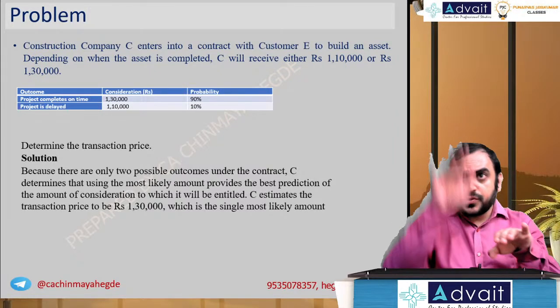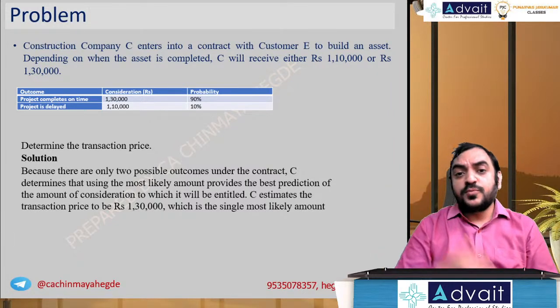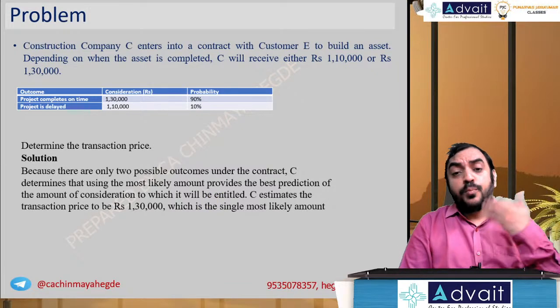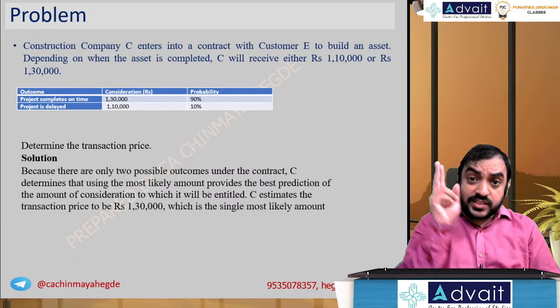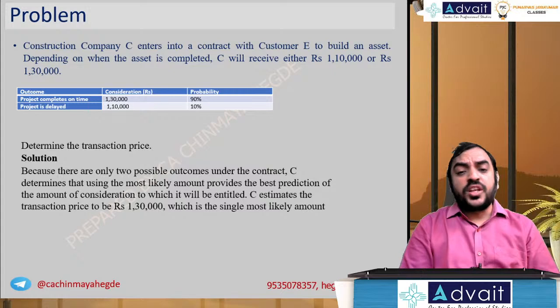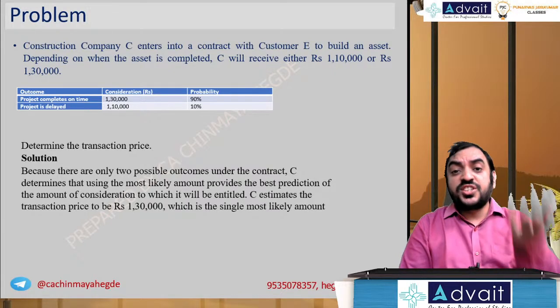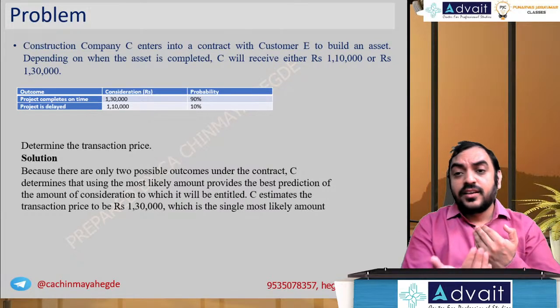Multiple possibilities multiplied by the probability give the total expected value. That is expected value method, when there are more than two possibilities. When there are exactly two possibilities, don't worry about the probability. Only two possibilities, only two situations, two scenarios. You have to choose, head or tail, odd number, even number.